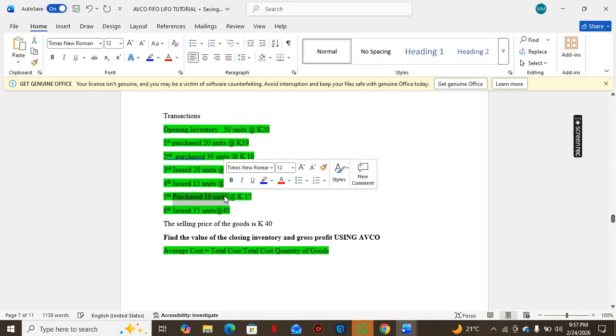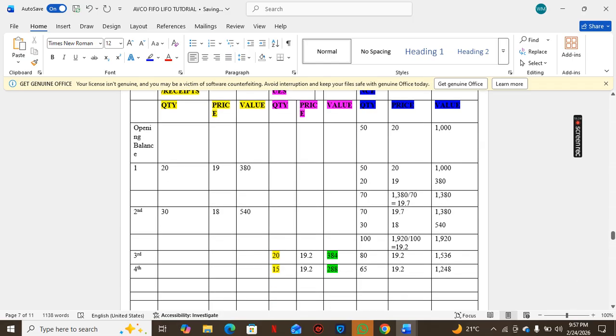Purchased 10 units at 17 kwacha. So on the 5th, purchased 10 units at 17. So our purchase is 170. So we had 65 goods valued at 19.2.